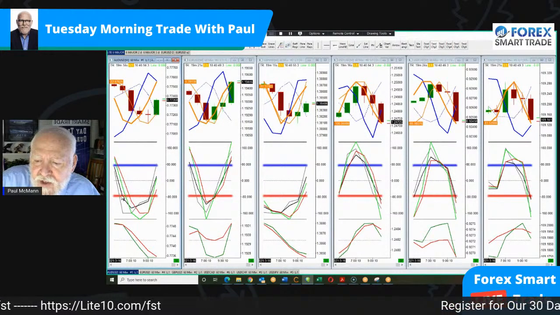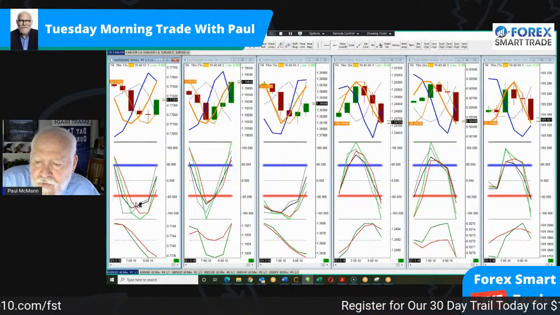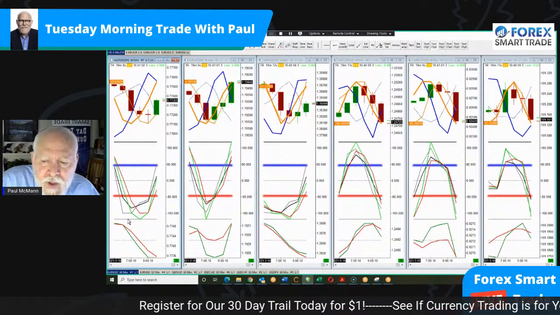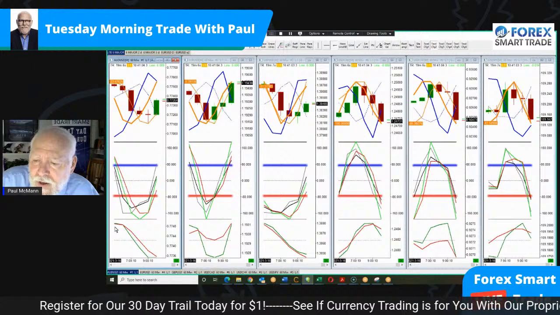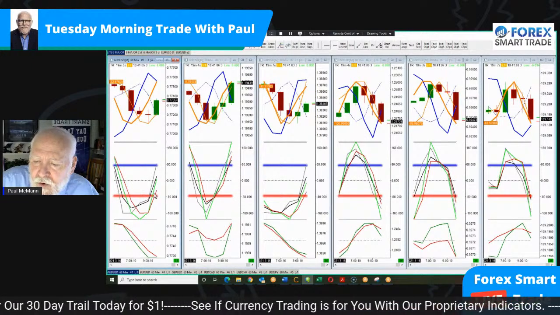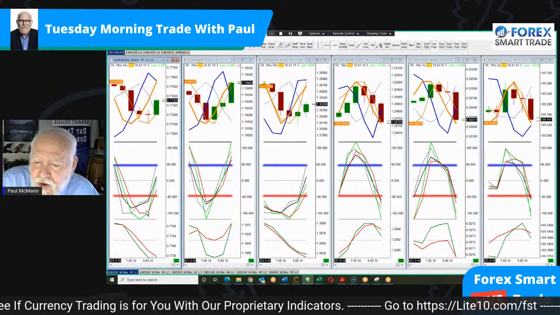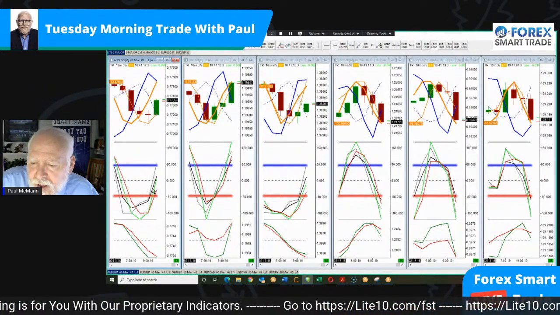Basically, I'm looking for situations where the lines are oversold below the red line or overbought above the blue line. When we have an oversold situation, as we kind of have here on the Australian US dollar, I want the lines pointing up.